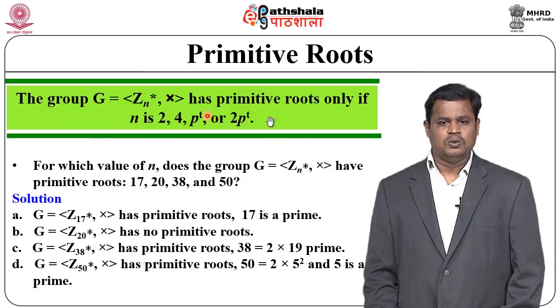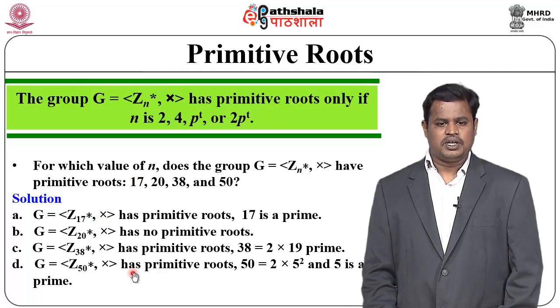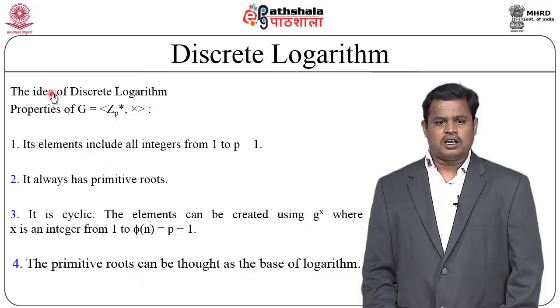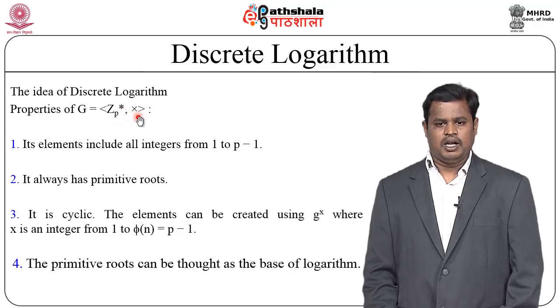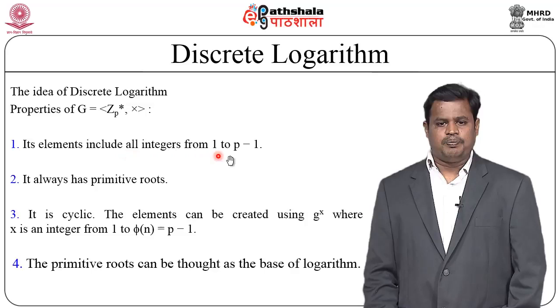So, like that we can do for any group, and say what is the possibility of getting the primitive roots. Now, the discrete logarithm. The idea of the discrete logarithm property: G is Zp star with multiplicative operation. Its elements include all the elements from 1 to p minus 1, and it always has primitive roots.